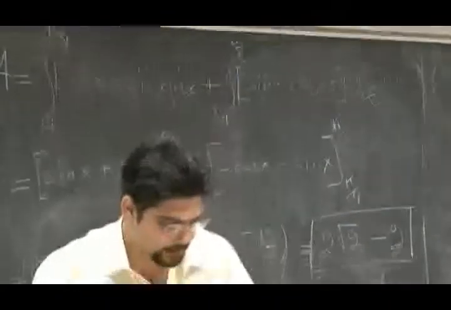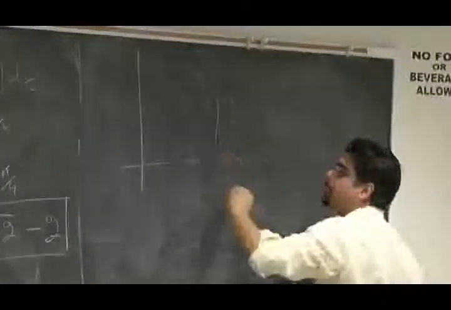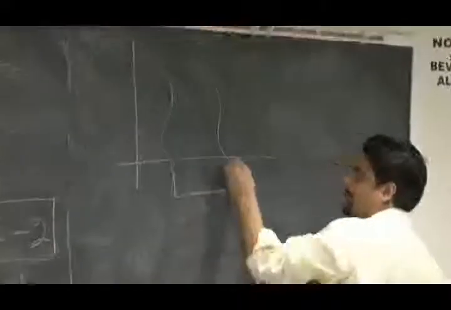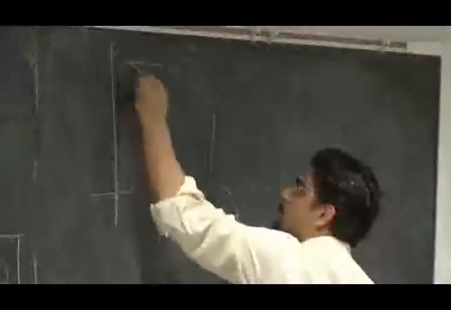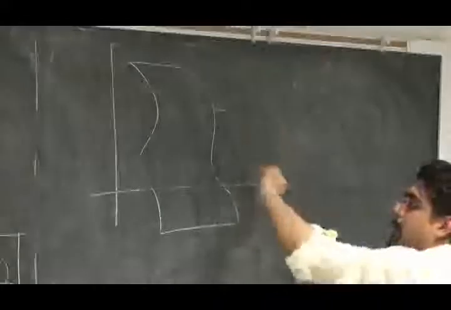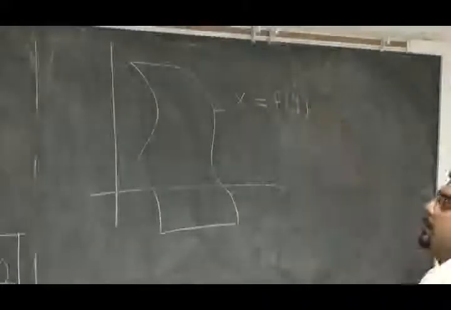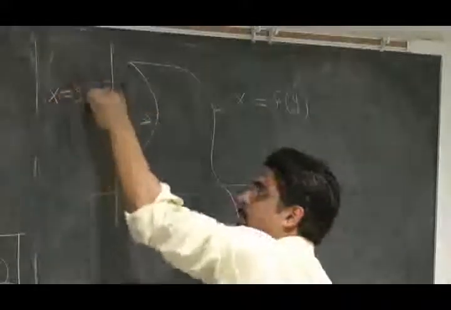Alright. Now, let's take the possibility of having a picture like this. And we'd like to calculate the area of a region that looks like this. Okay? Where this is given by x equals f of y, and this is given by x equals g of y.